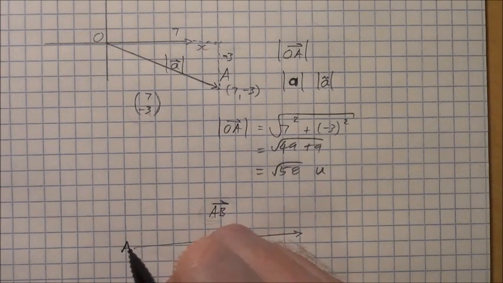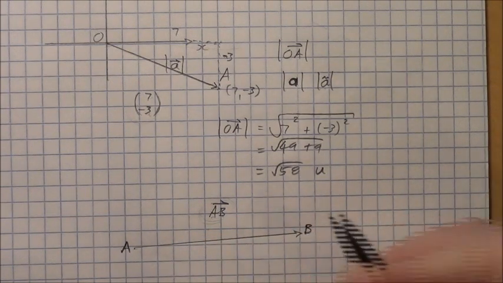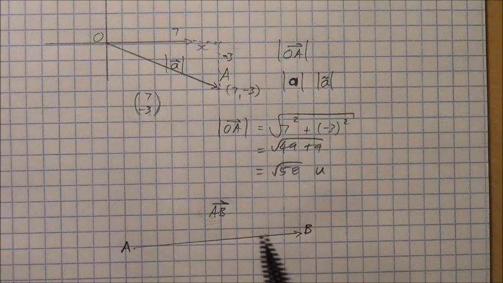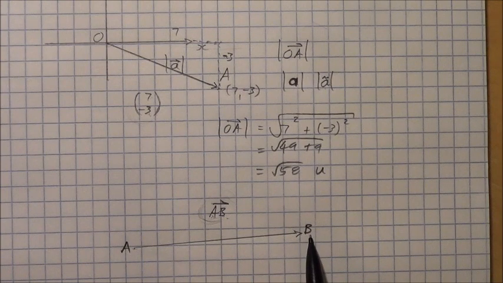So this is point A, and this is point B. And if the vector goes from point A to point B, it's written like this, vector AB. So this is the position vector of B relative to A. Okay, so it starts at A, ends at B. The position of B relative to A.